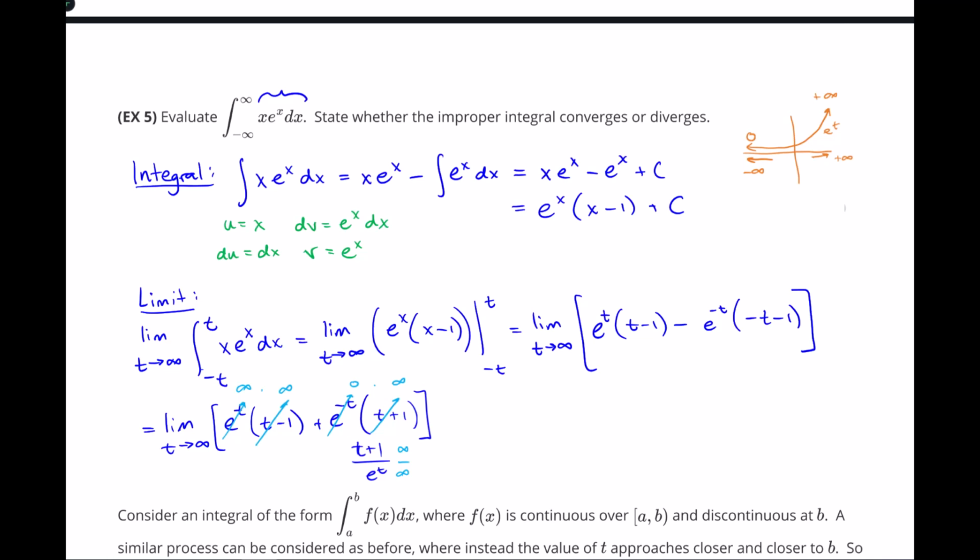So we might want to go to the side and evaluate that using L'Hopital's. So the limit as t goes to infinity of (t plus 1) over e to the t, using L'Hopital's, would give us the limit as t goes to infinity of the numerator becoming 1 and the denominator being e to the t.